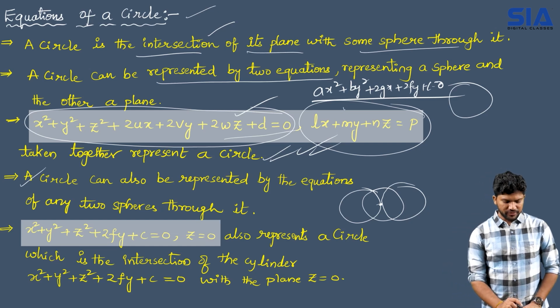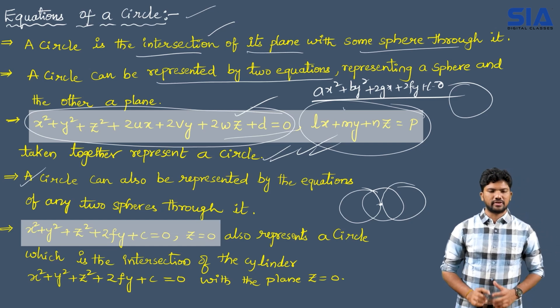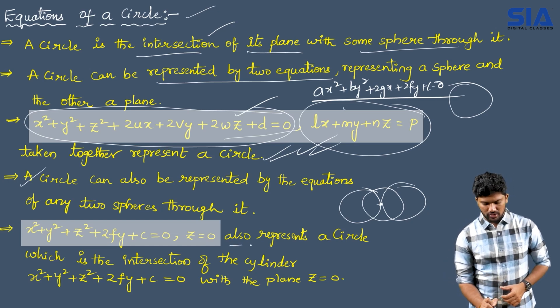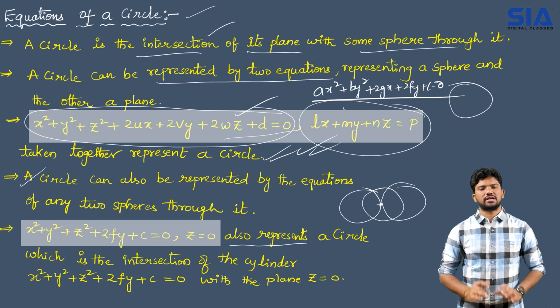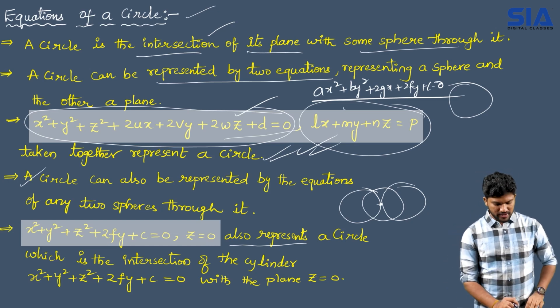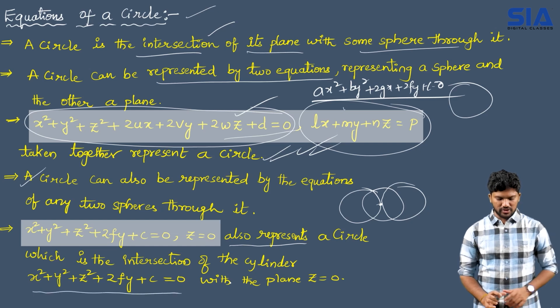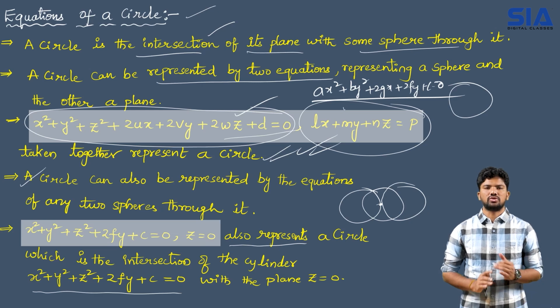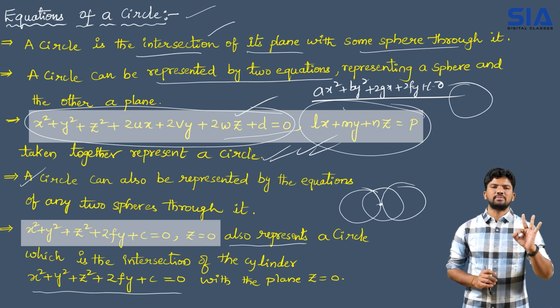Next, x square plus y square plus z square plus 2fy plus c is equal to 0, comma z is equal to 0, also represents a circle which is the intersection of the cylinder x square plus y square plus 2fy plus c equal to 0 with the plane z is equal to 0. So totally we have studied three types of circles.